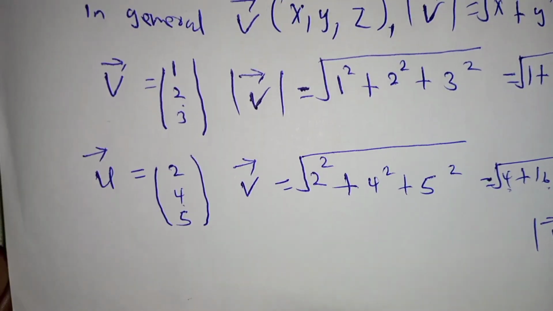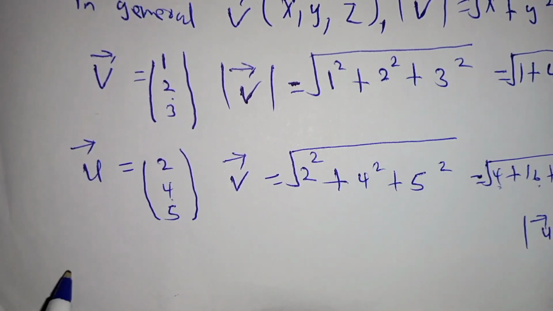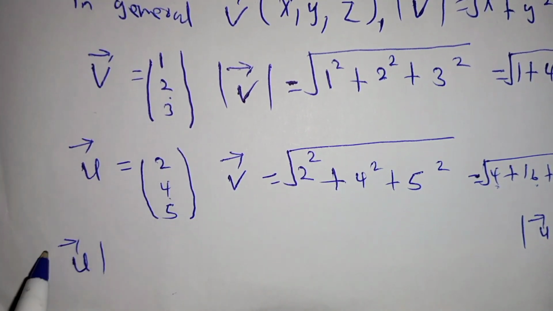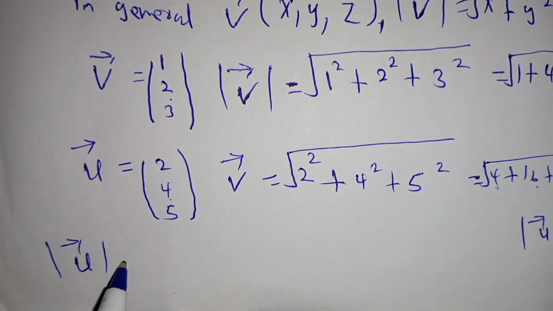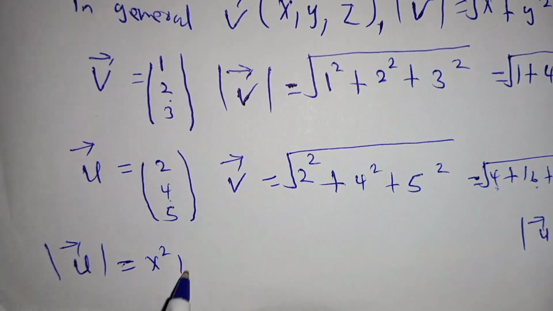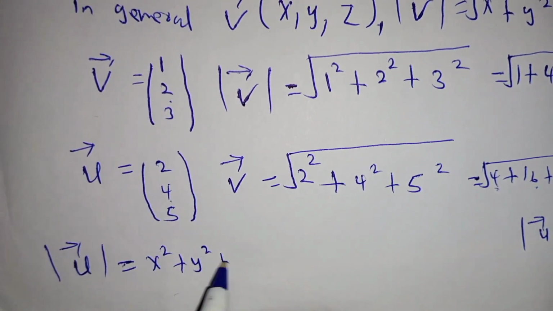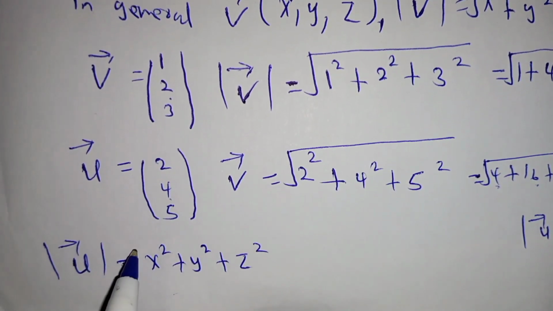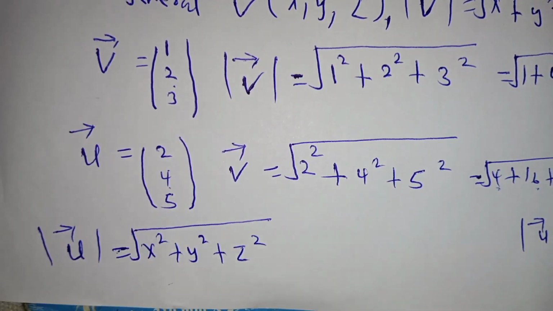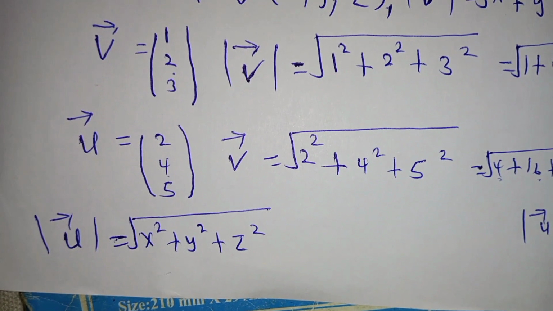So generally note that we represent the modulus of a vector as that, and in 3D it is the square root of x squared plus y squared plus z squared. That is the modulus. Modulus means the size of a vector.